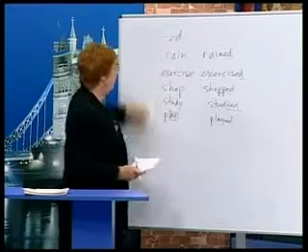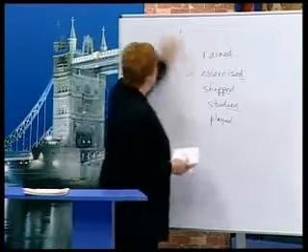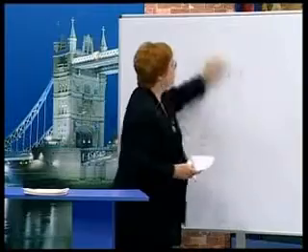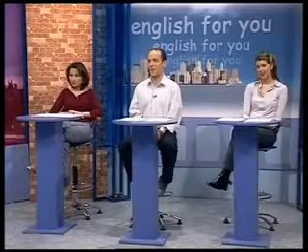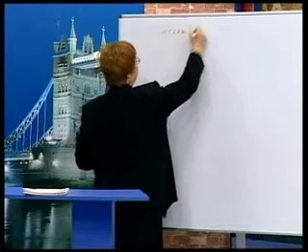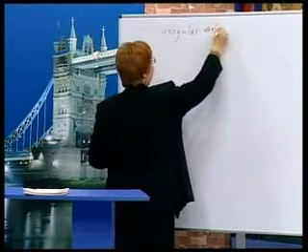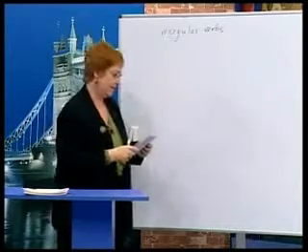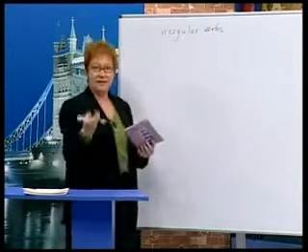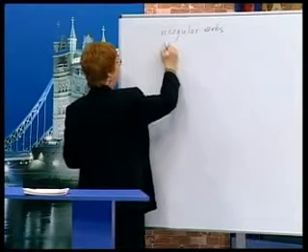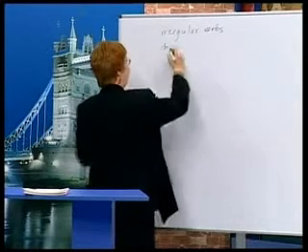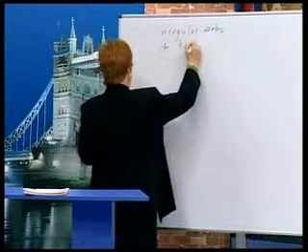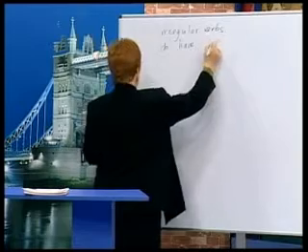Okay. Now, some verbs do not have the ED form. These are called irregular verbs. Irregular are special verbs. So we're going to look at some irregular verbs. And you have to remember these, okay? Now, we've seen some. We saw do, we saw have, and we saw go.